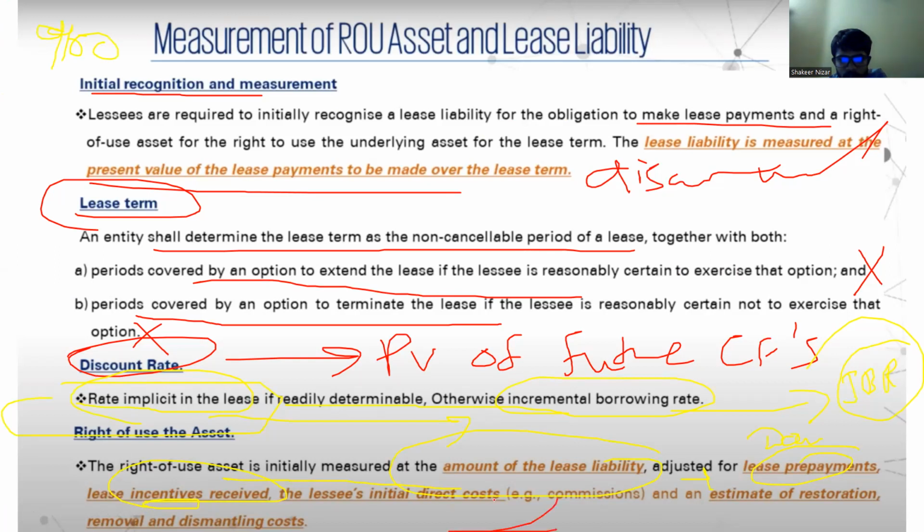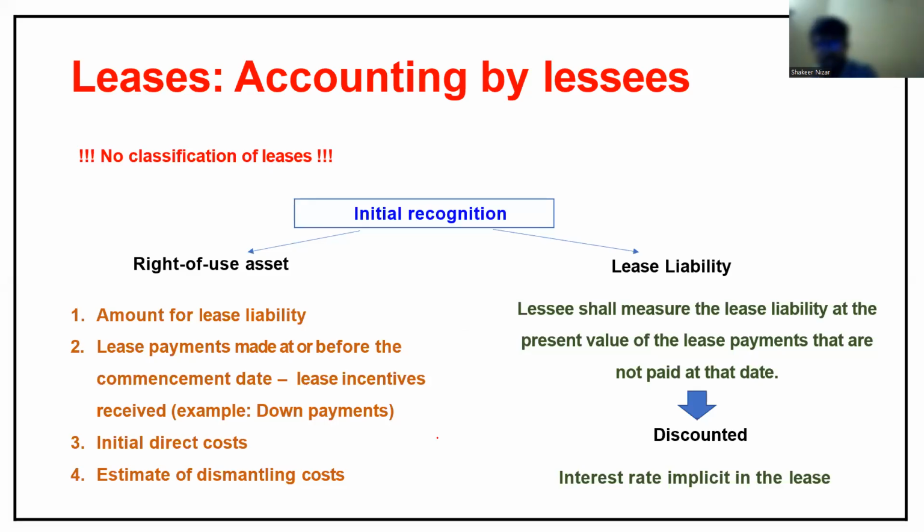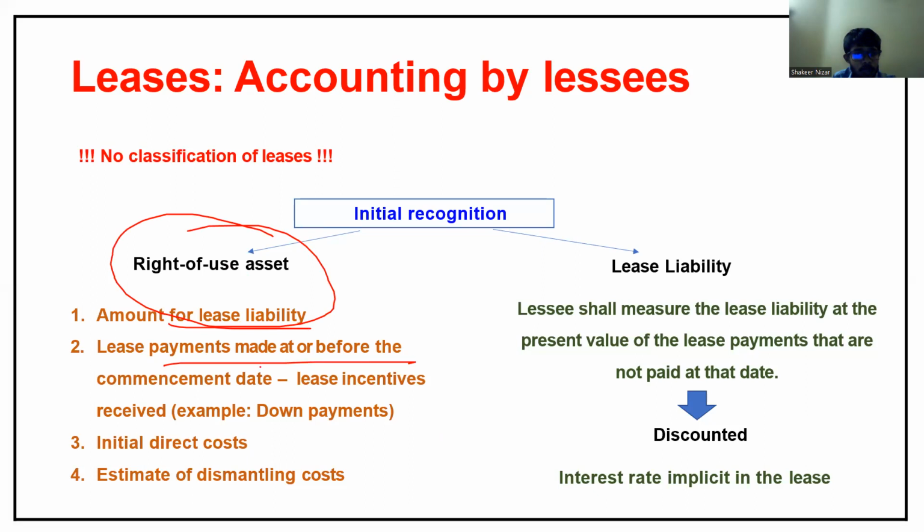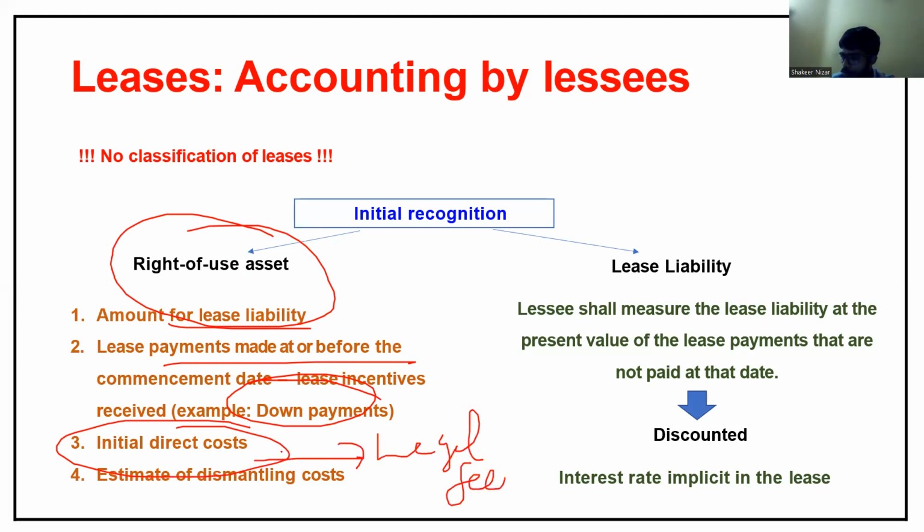Right. Direct costs, you want to add commissions. The dismantling provision as per LKAS 37, those things you want to add back. At initial recognition, the ROU asset, right-of-use asset, is the amount of the lease liability plus prepayments made before the commencement date, down payments, initial direct costs, legal fees like that, and the estimated dismantling provisions.